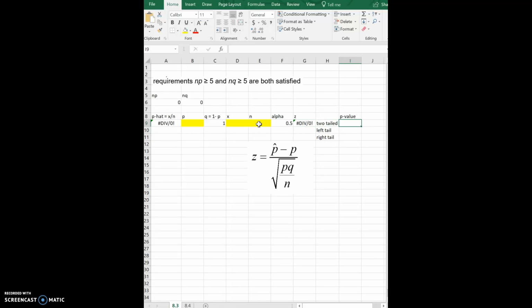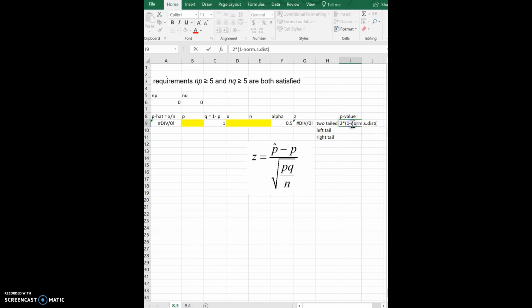So now there's some options here. If it's a two-tailed probability, if there's a left-tailed probability, if there's a right-tailed probability. So if it is a two-tailed probability, you're going to do 2 times 1 minus norm.s.dist.